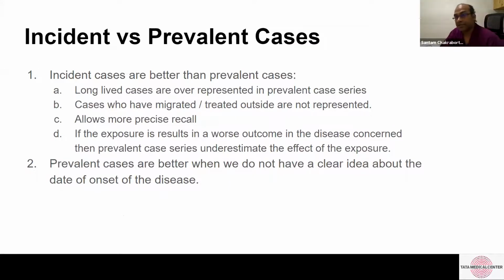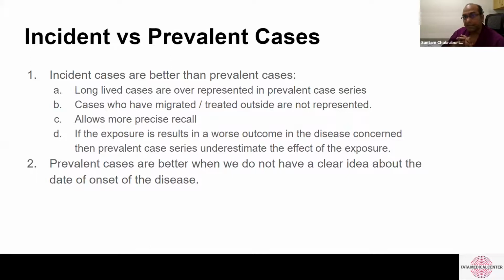The next important thing to remember is whether you are taking incident or prevalent cases. Now, what does this mean? Incident cases are basically cases which have been newly diagnosed. Prevalent cases are cases which have been diagnosed sometime in the past, are undergoing various types of treatment, or are under follow-up.